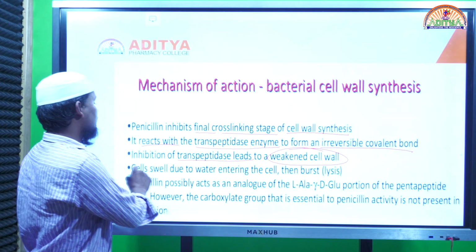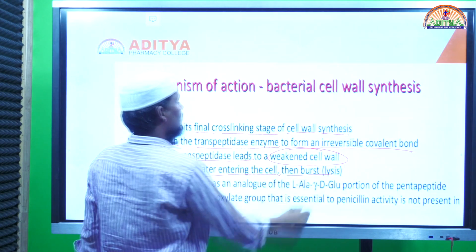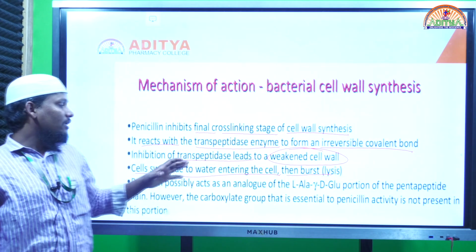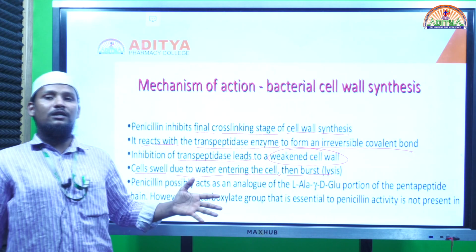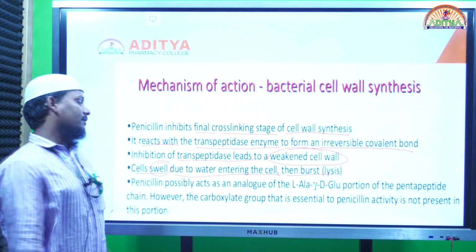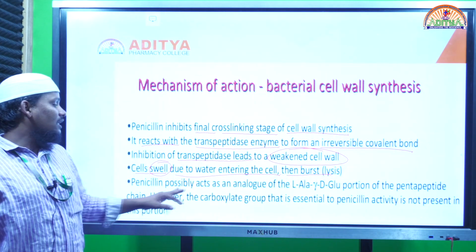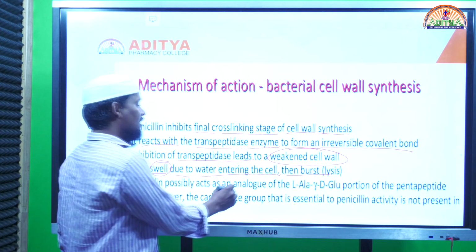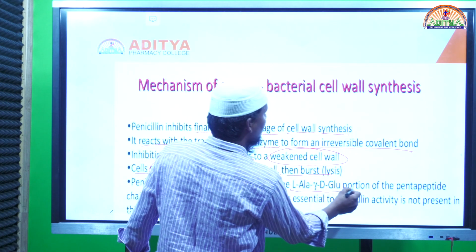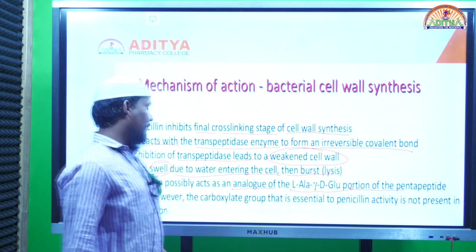Next, the cell swells due to water entering the cell, then bursts, causing lysis. The extracellular fluid enters the bacterial cell and causes cell swelling and lysis of the bacterial cell. Next, penicillins possibly act as an analog of the L-alanine gamma D-glutamate portions of the pentapeptide.